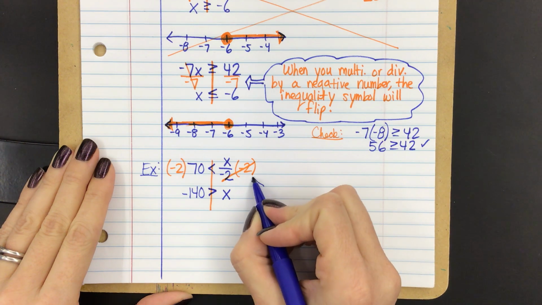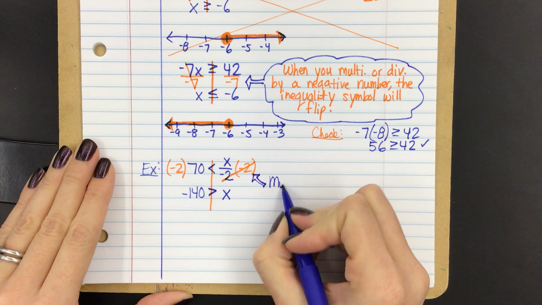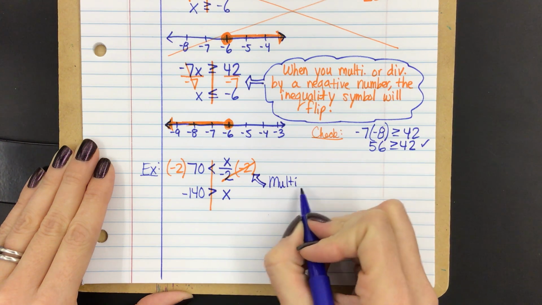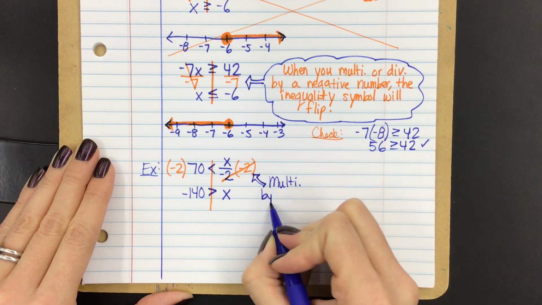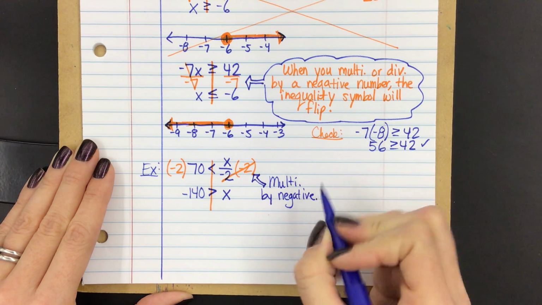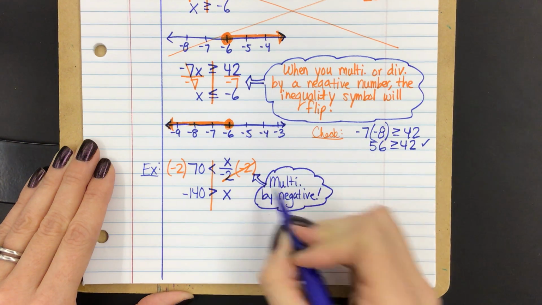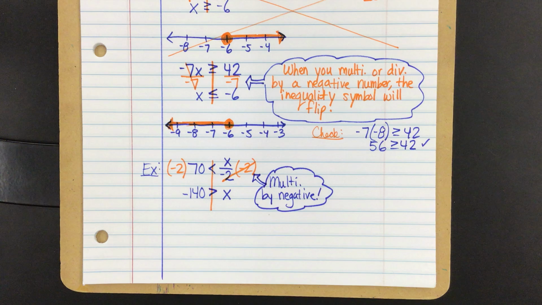Okay, so this was our ticket right here. We multiplied by a negative. So anytime you multiply or divide by a negative, that sign's gonna flip.